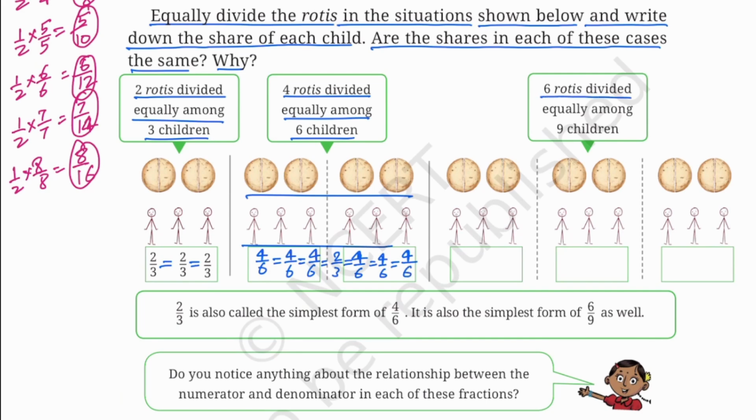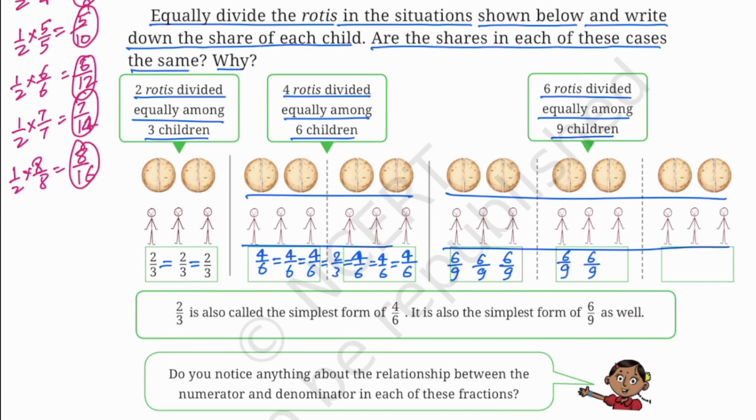Similarly, 6 rotis divided equally among 9 children. 6 rotis and 9 children. Share of each child is 6 upon 9. 6 upon 9 is equal to 2 upon 3.